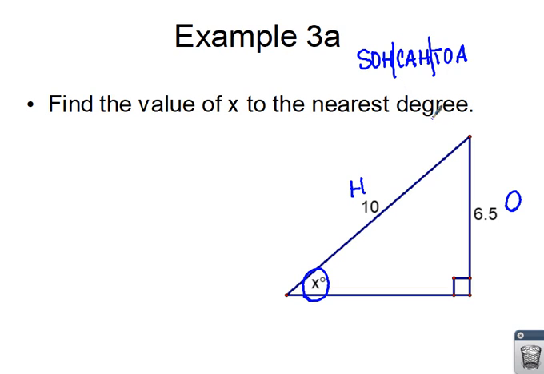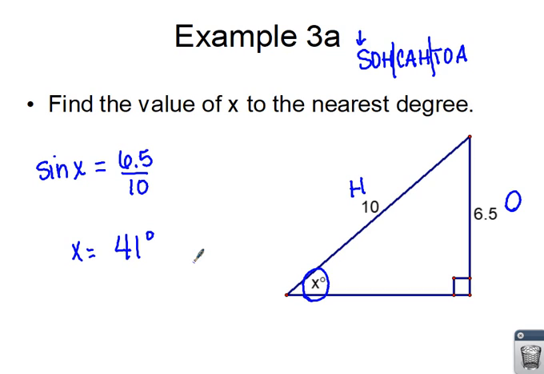Which one is it? And it would have to be the sine. So we're going to do sine x equals opposite over hypotenuse. And since we're looking for the angle, we're going to hit second sine, 6.5 divided by 10, and you get 41 degrees when we round it to the nearest degree.